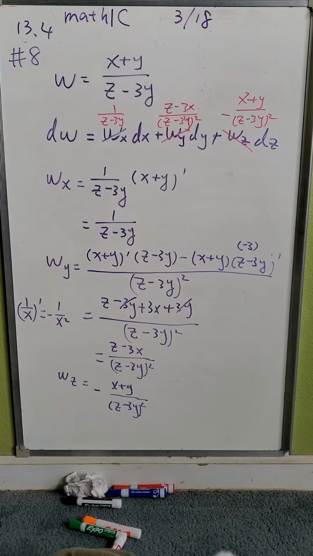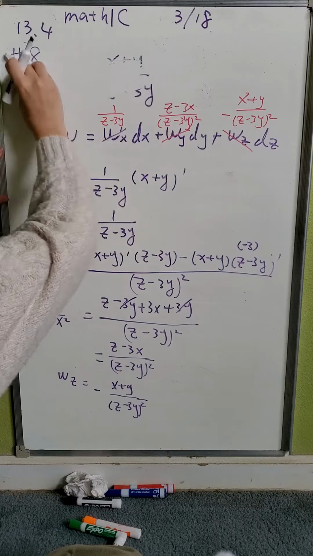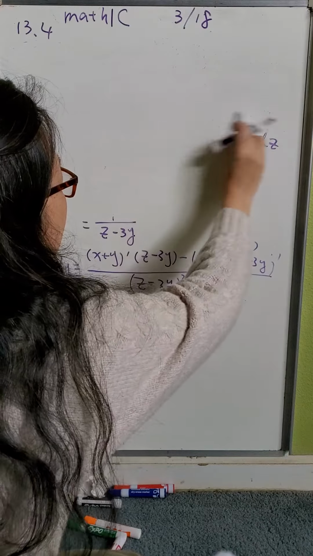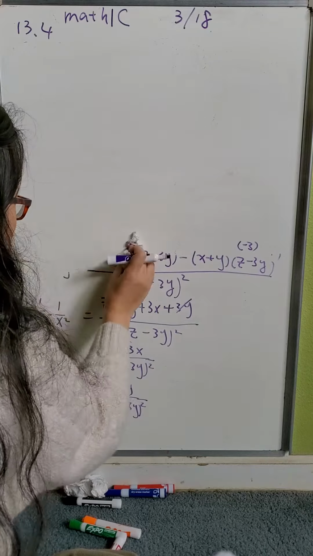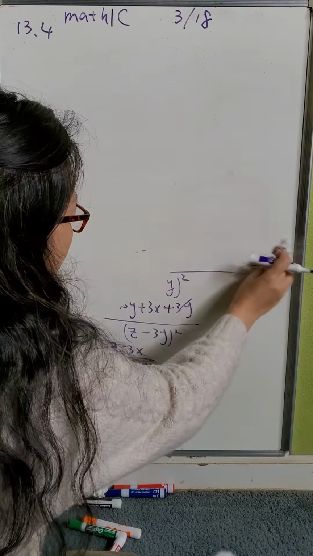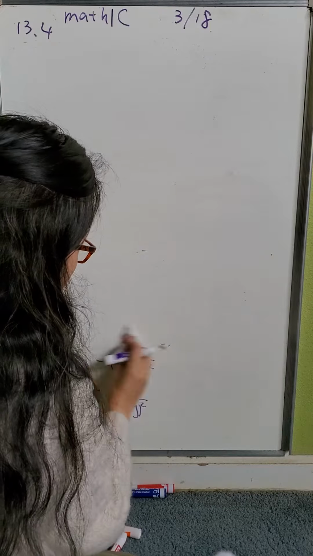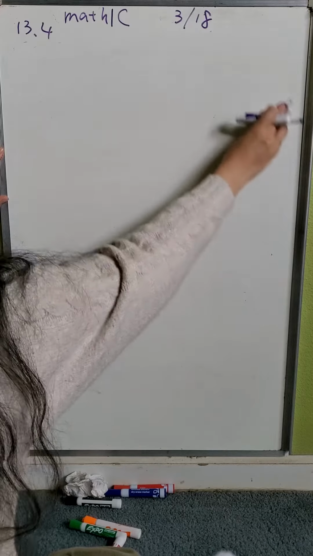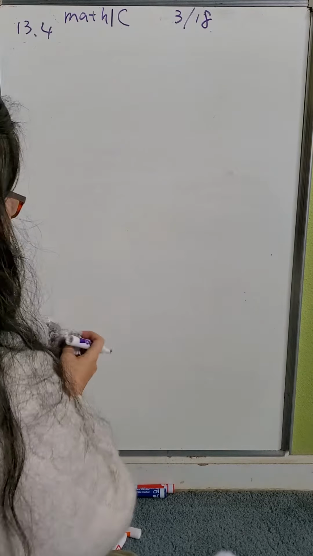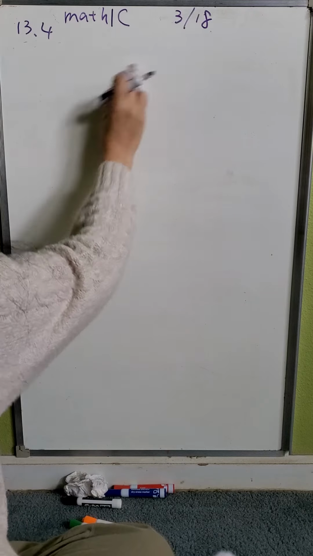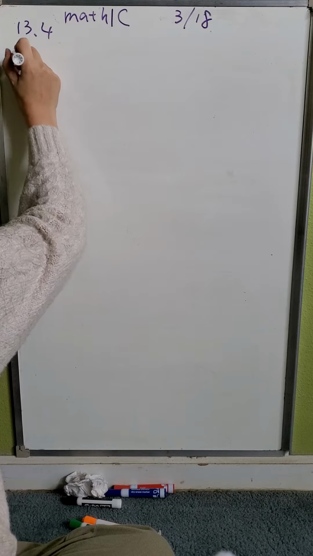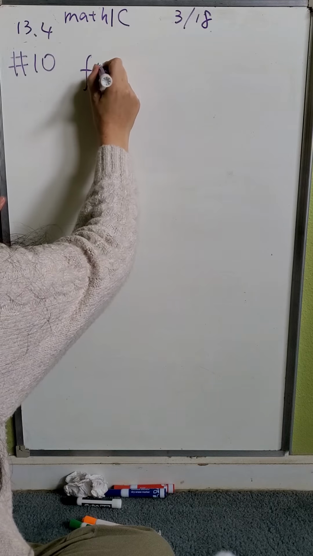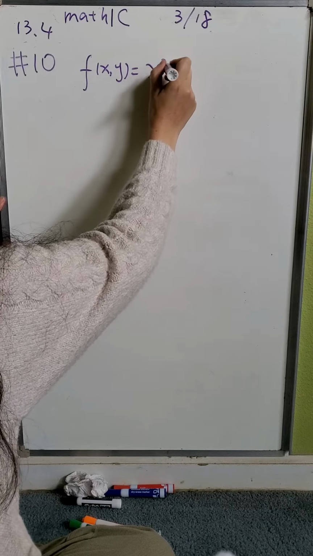And now we're going to go to number 10. We are given a function f of x, y equals x squared plus y squared.